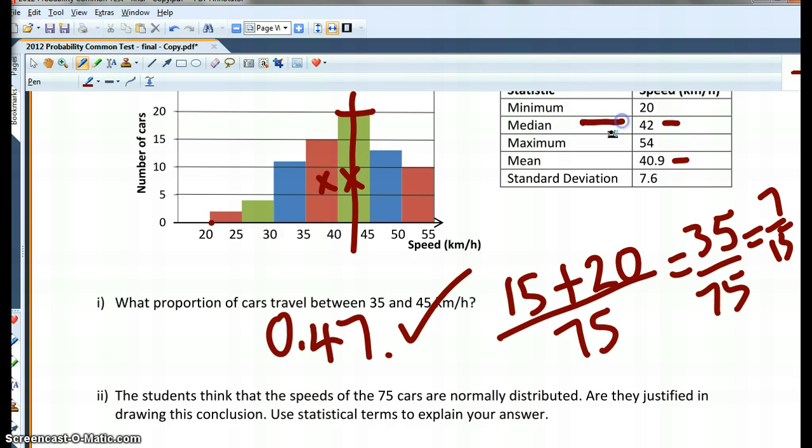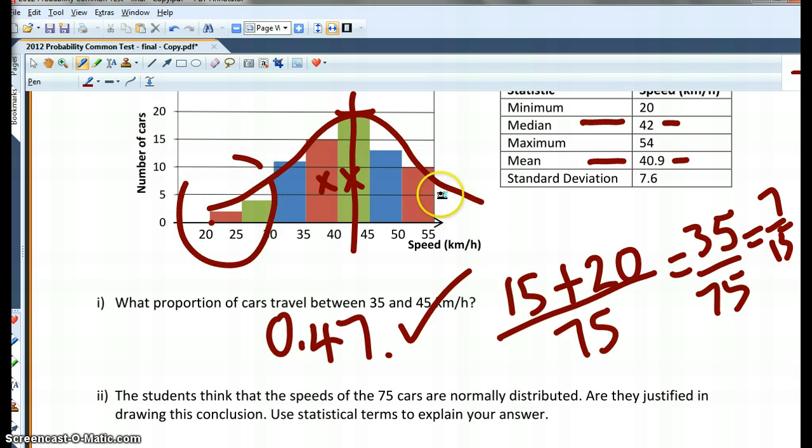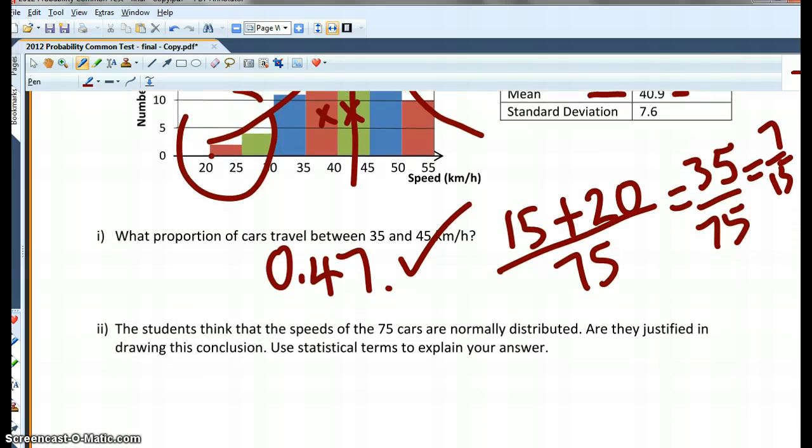If we look at this, we can see a little bit of a normal distribution, but it's skewed to the left because it just stops here. No one's going faster than that. So it kind of is, but it's not.